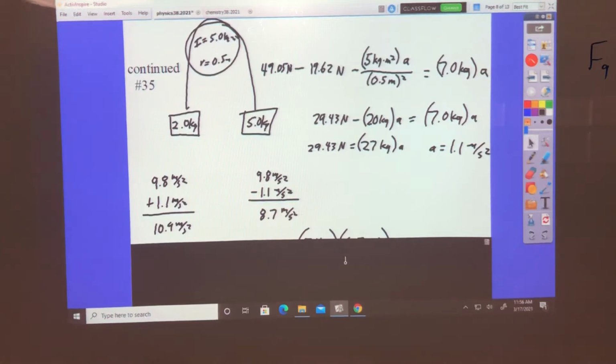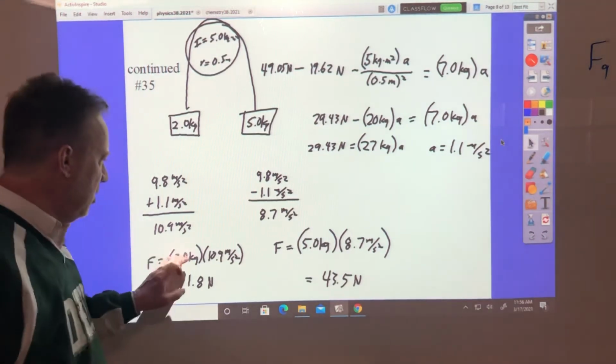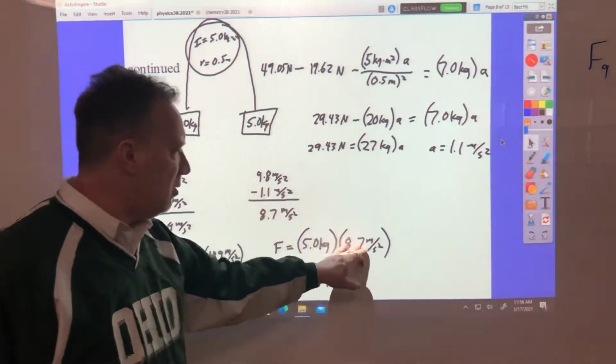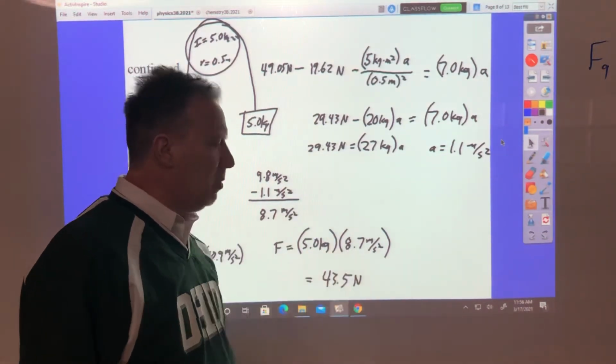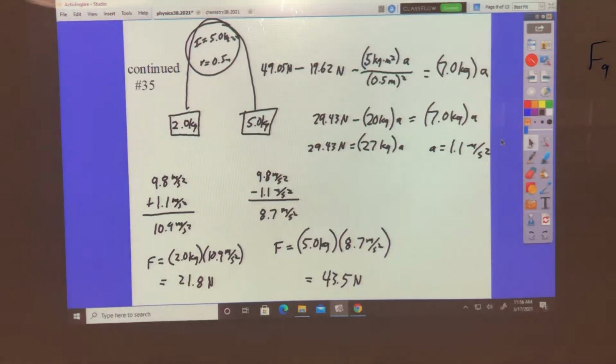Now if we take both of those new accelerations and multiply this one times 2 kilograms, we get a force of almost 22. This one times 5 kilograms, we get a force of almost 44 newtons. That's how that's done.